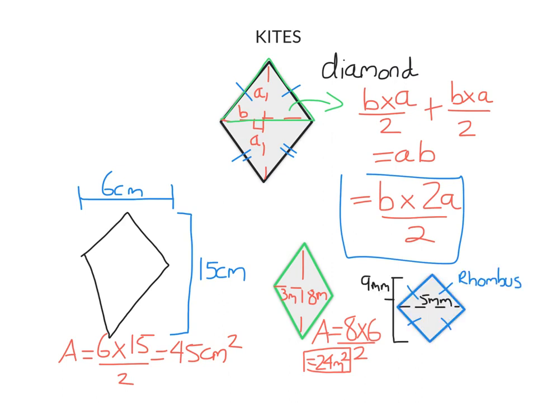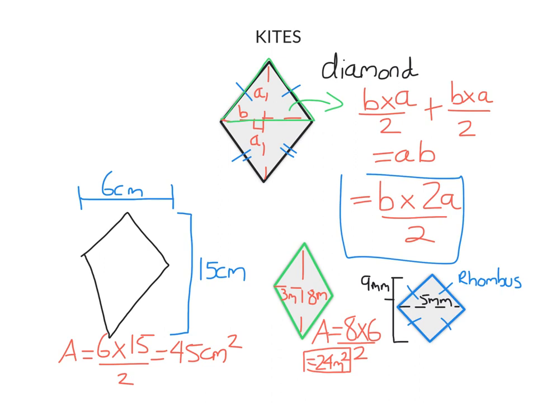I'll point out that this is also how we find the area of a rhombus, because a rhombus is a type of kite. It's a special type of kite that has all four sides equal. A common misconception is that if you have a four-sided shape with all sides equal, then it must be a square. That's not necessarily true.